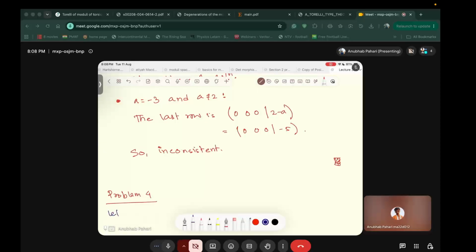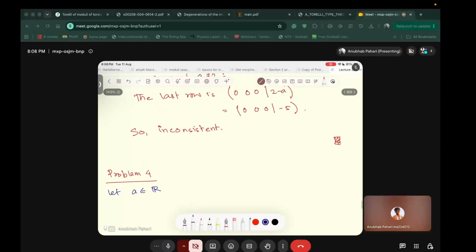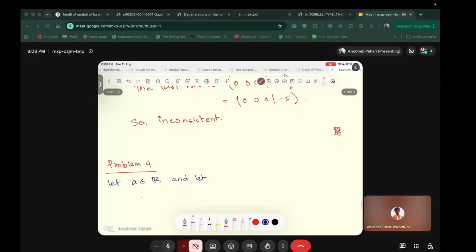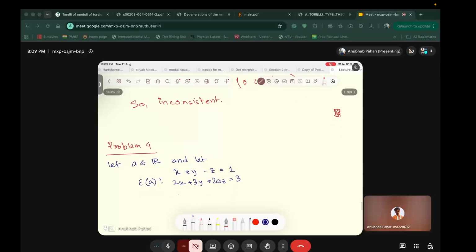Let a belong to R and let the system S of A be x plus y minus z equals 1, 2x plus 3y plus 2az equals 3, and x plus 2ay plus 3z equals 2.